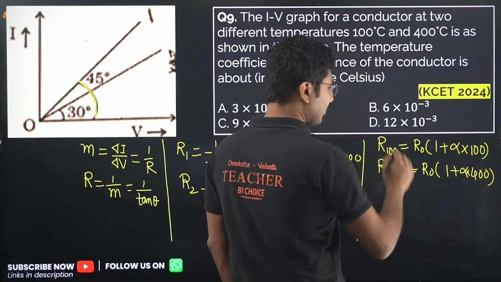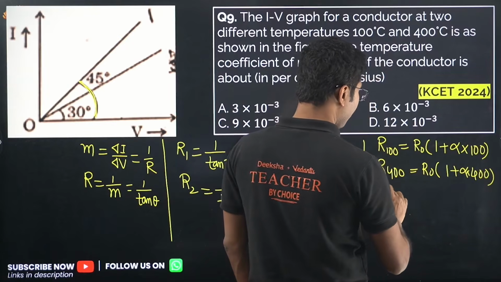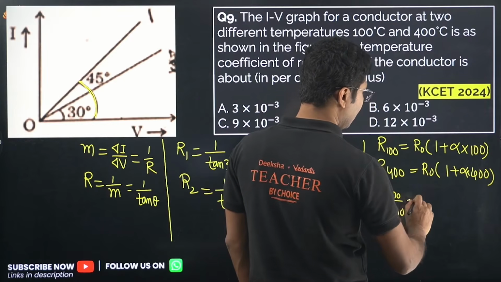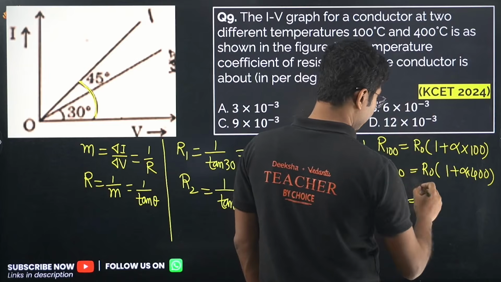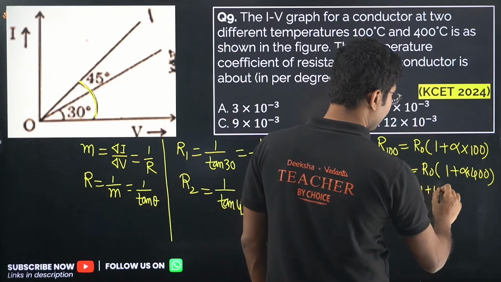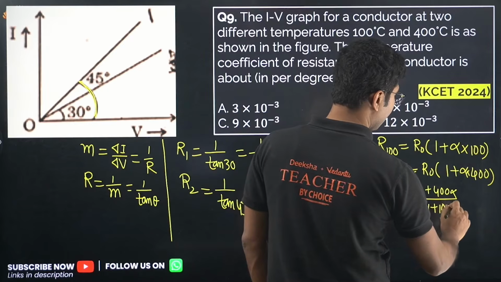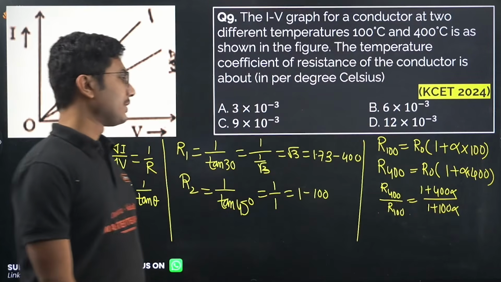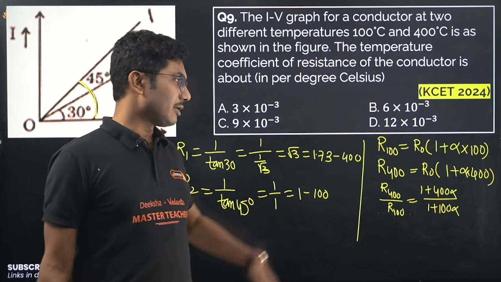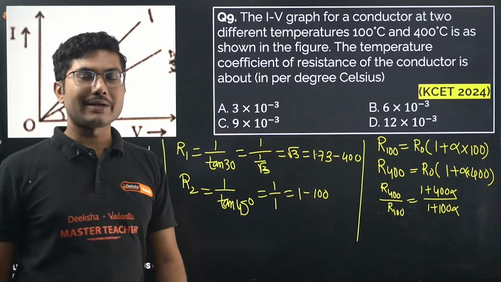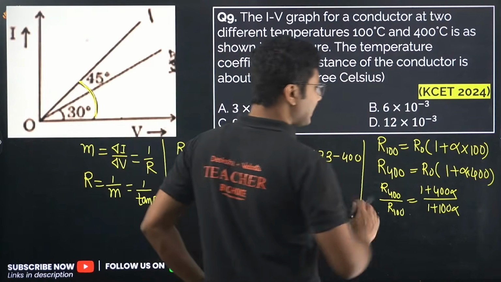If you divide these, you will get R400 divided by R100 equals 1 plus 400 alpha divided by 1 plus 100 alpha. You cannot use 100 as the base for R400, as that will give you some errors. This is the actual way to calculate.